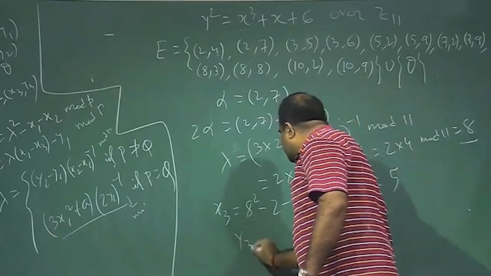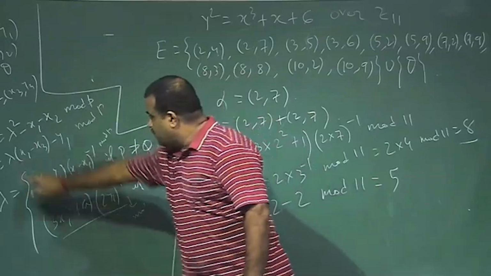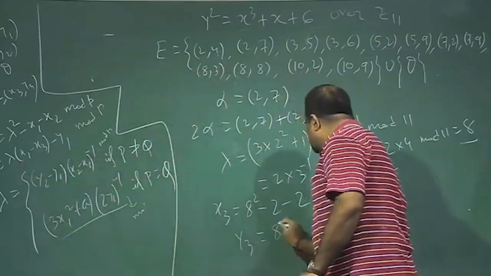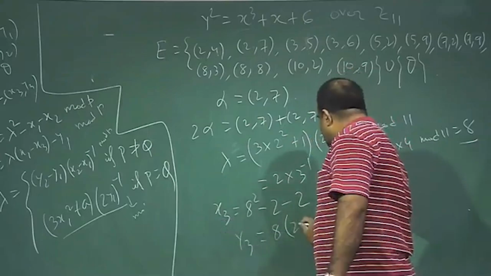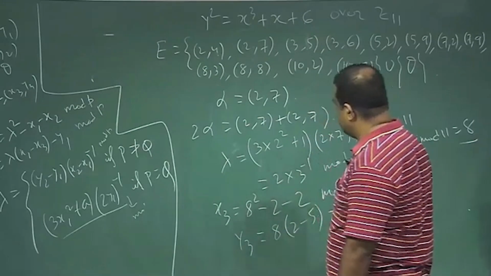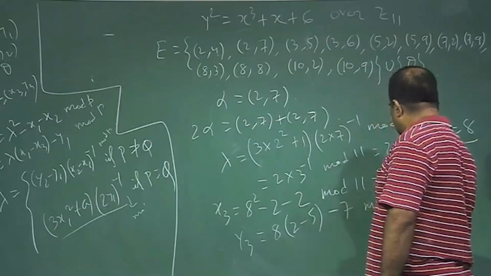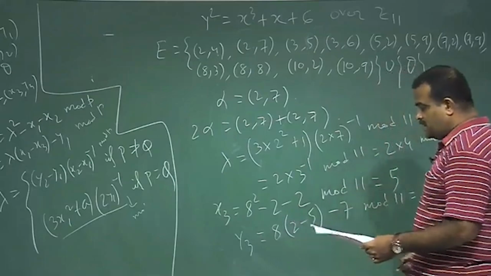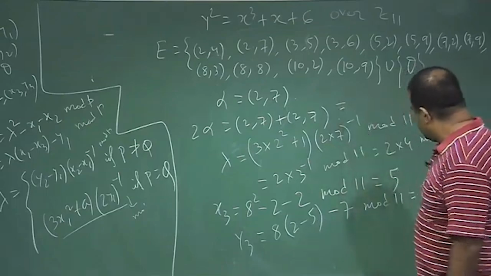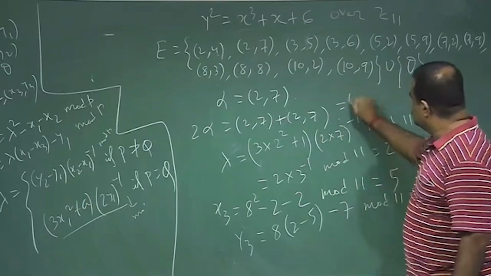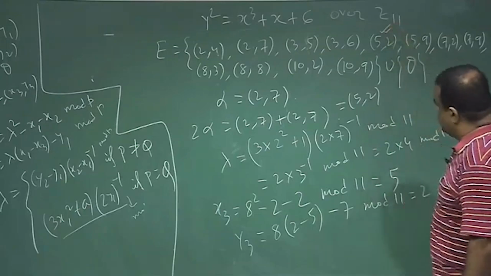And y3 is basically this formula: 8 into 2 minus 5, minus y1, so minus 7 mod 11. This is coming out to be 2. So that means 2 alpha is basically 5 comma 2. So we got this 5 comma 2.